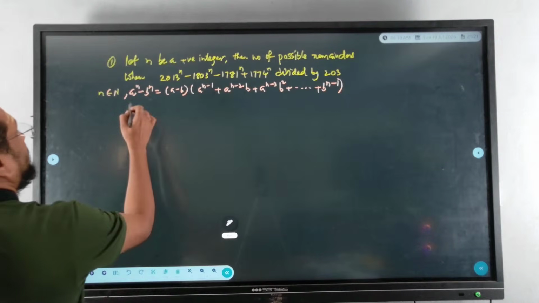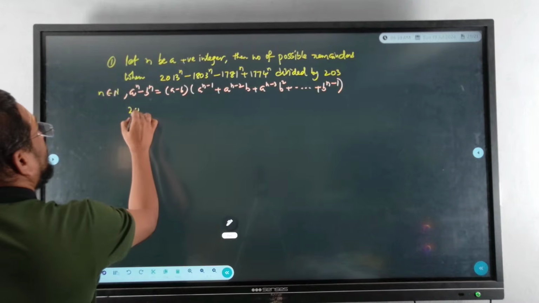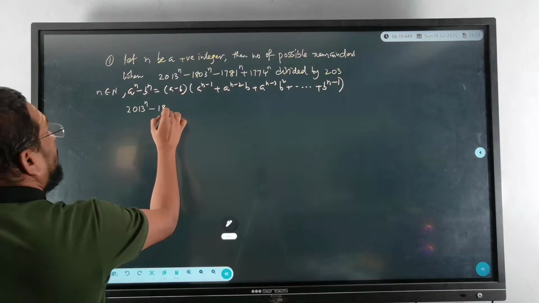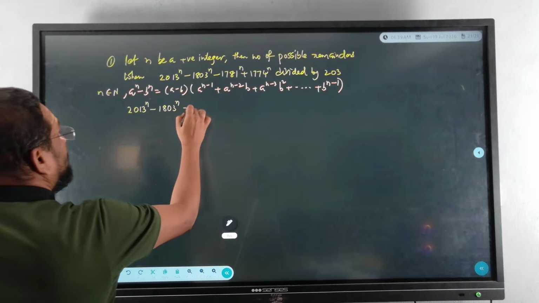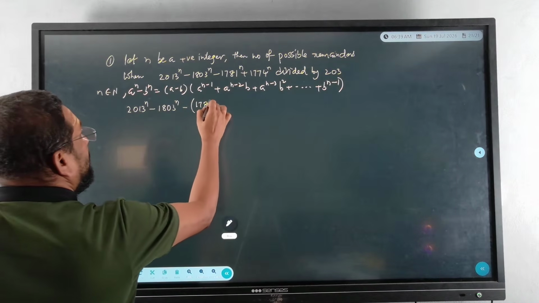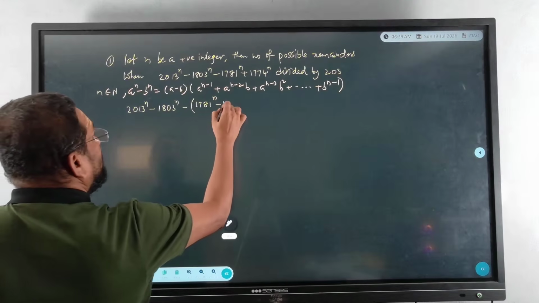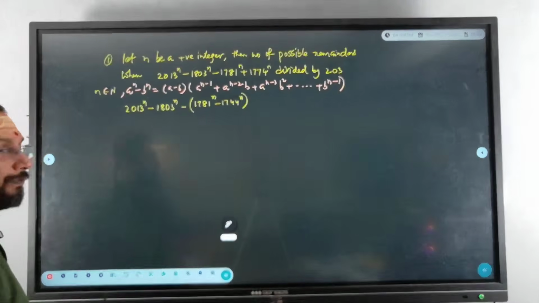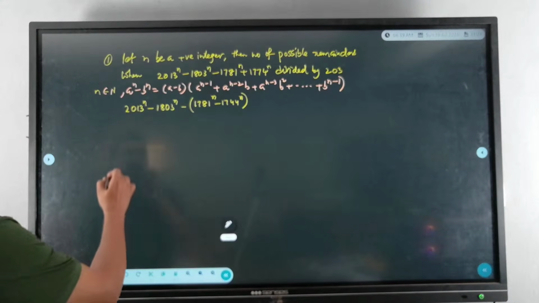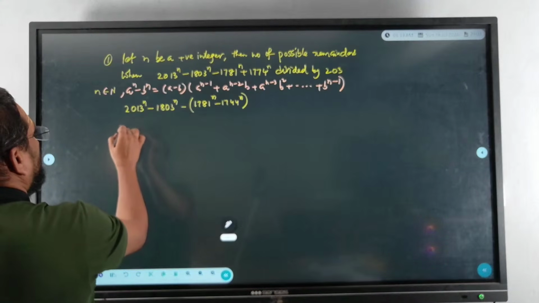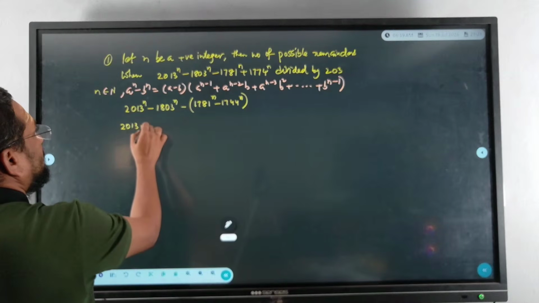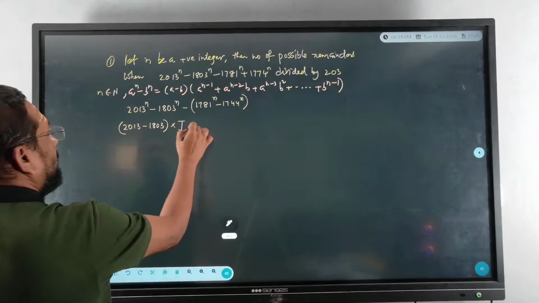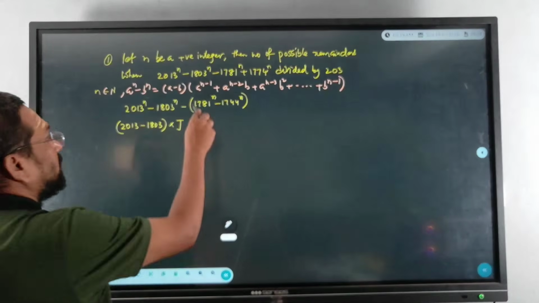Okay. Now see, 2013 power n minus 1803 power n. Take out minus as common: 1781 power n minus 1774 power n. So this is a power n minus 1 factor: 2013 minus 1803 into something.